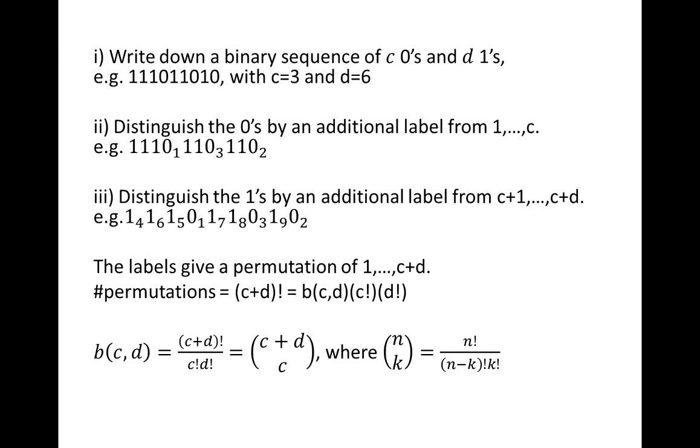Based on the equation, we get B(C,D) equal to (C plus D) factorial divided by C factorial D factorial, which is equal to (C plus D) choose C, while n choose k represents n factorial divided by (n minus k) factorial times k factorial.